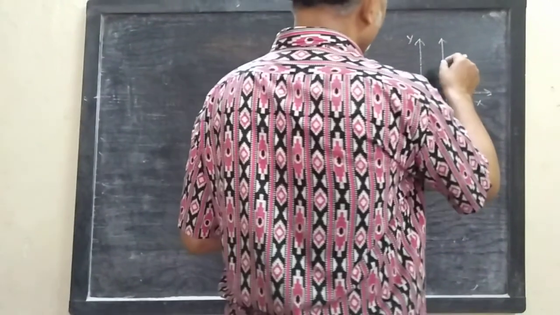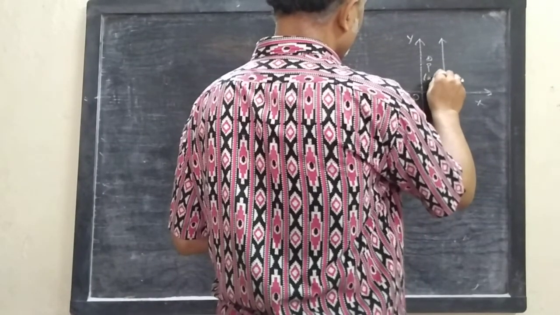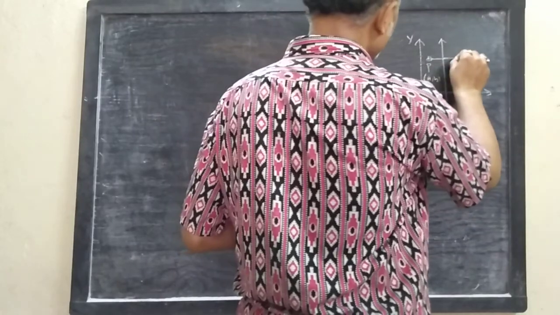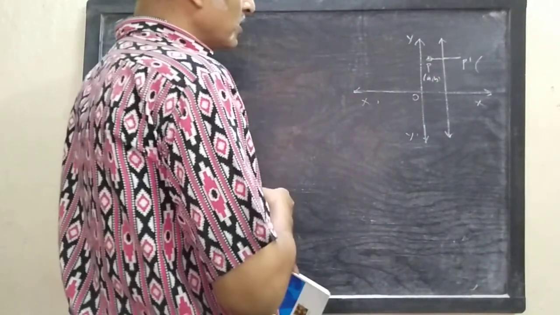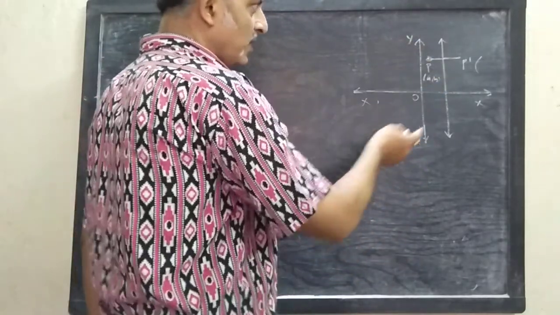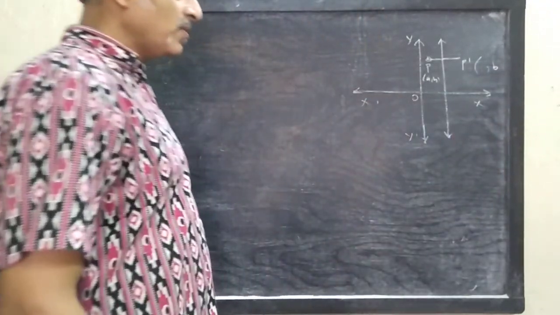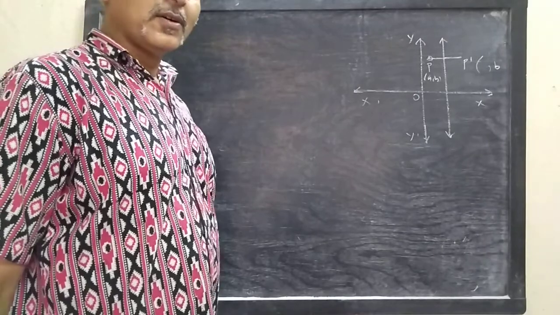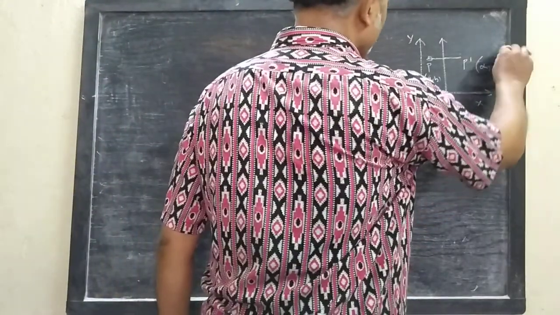Now let us consider a point P here. This is say P a comma B. Its image will be formed at P dash. Now look, coordinate of P is a comma B, that is its height from x-axis is B. So as height remains unchanged, the image will be formed at a point having the ordinate fixed, B. Say its abscissa is alpha.